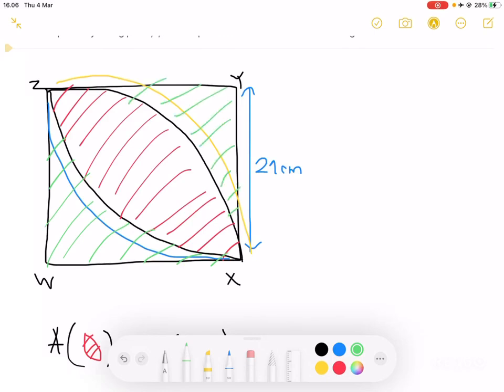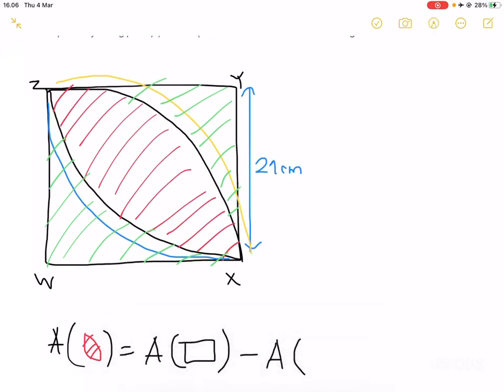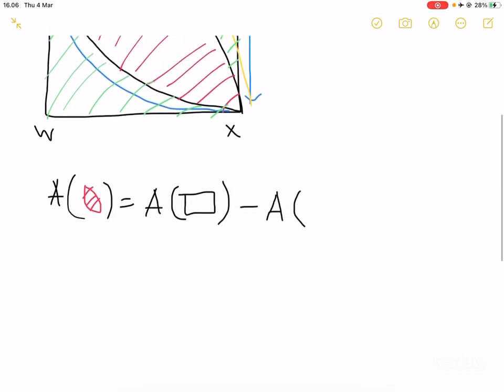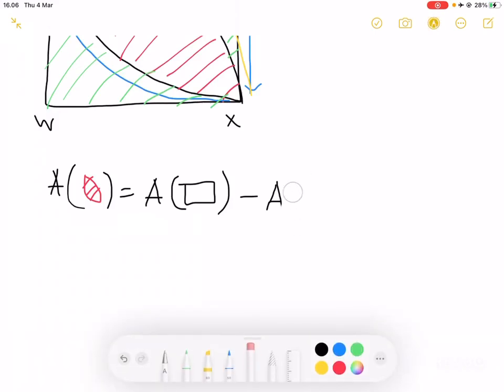And we know these are identical, which means their areas are equal because the quadrants are also equal. So instead, we can write this as 2 times the area of this thing right here.